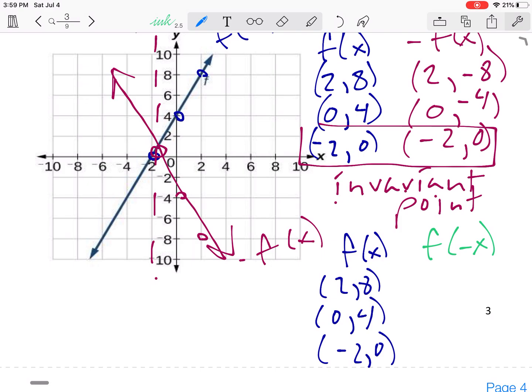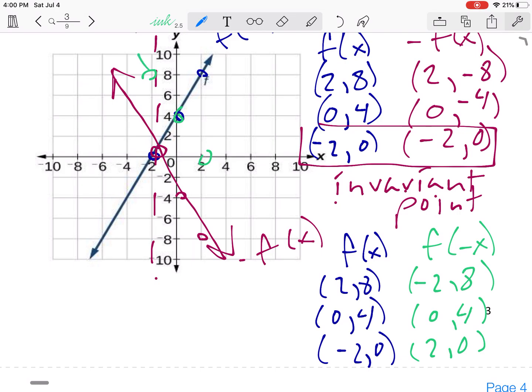Now what's going to happen here is you keep the y values exactly as they were, and you multiply the x by negative 1. So this is going to be negative 2, that's going to stay 0, and this is going to be positive 2. So we've got (-2, 8), (0, 4), and (2, 0).